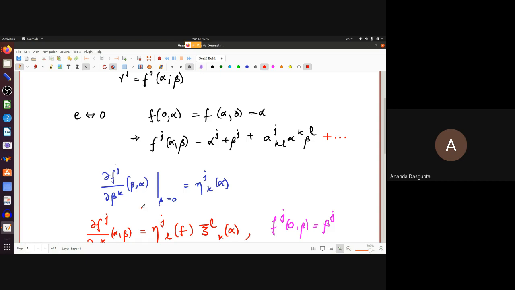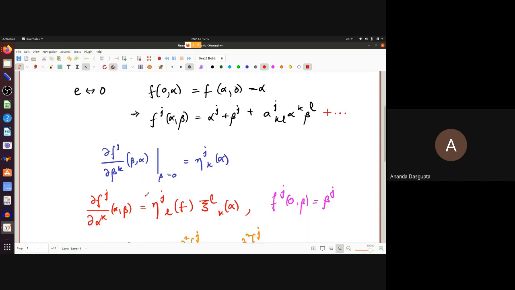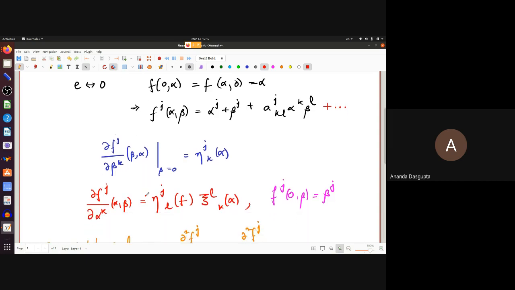We then went on to define this quantity, the eta jk, which was basically the rate at which the function changed with its first argument at the value of that first argument being 0. And then we showed that associativity implies that you must have this condition. That is, the derivative, the rate at which fj changes with alpha k at all alpha, not just alpha equals 0, can be written down if you know the etas and their inverses.